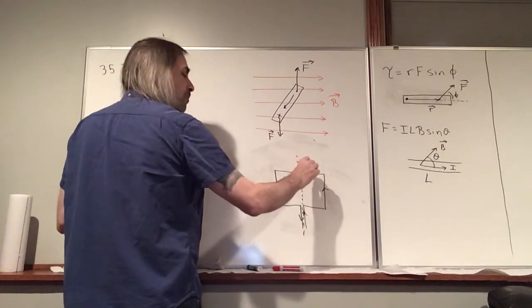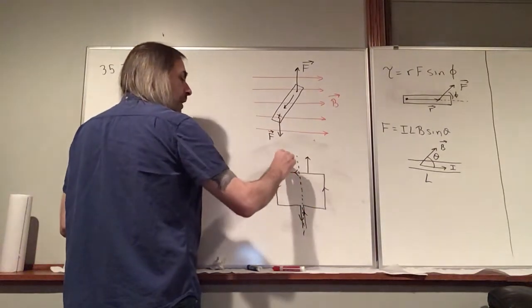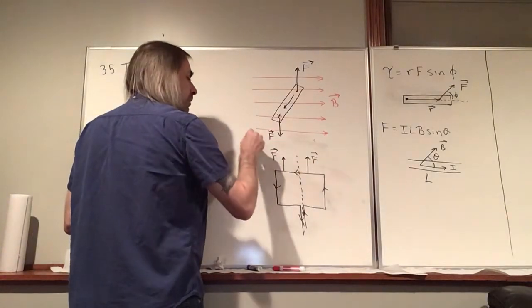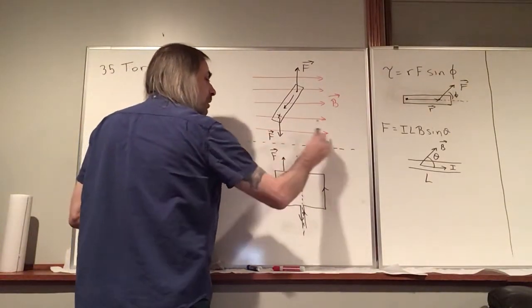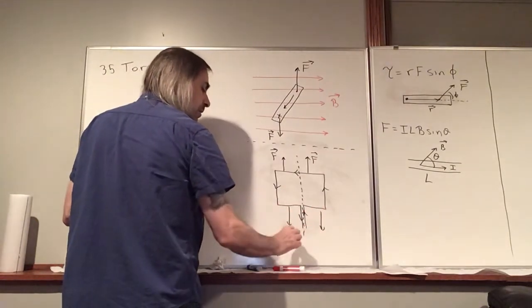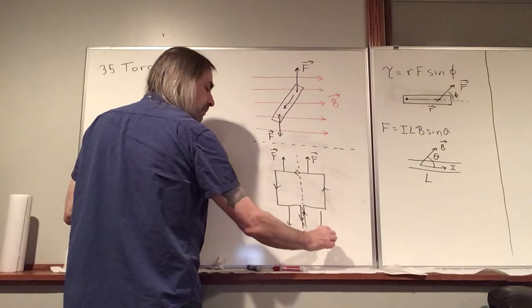So again, we have an upward force on this wire, which will do nothing. Here, just keep these separate. We have a downward force on these wires, which again do nothing.